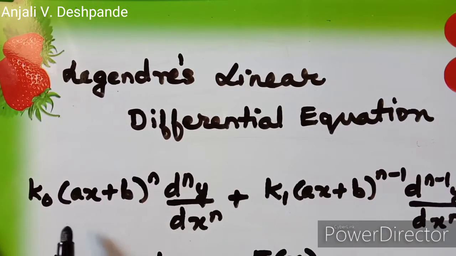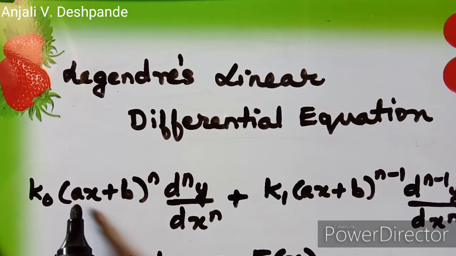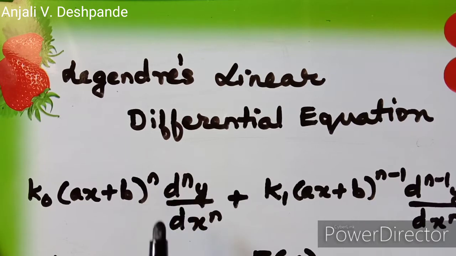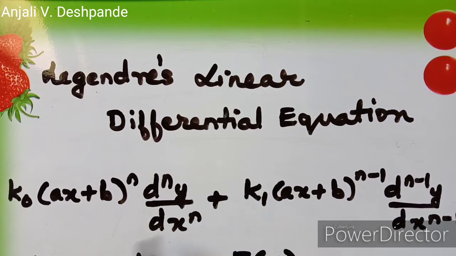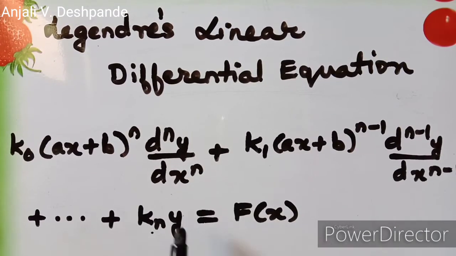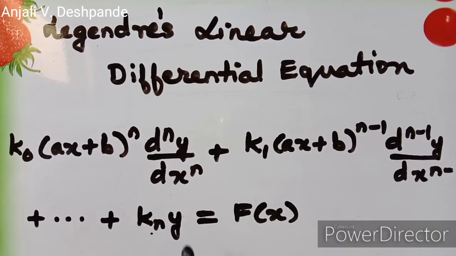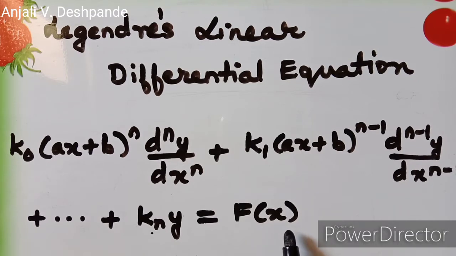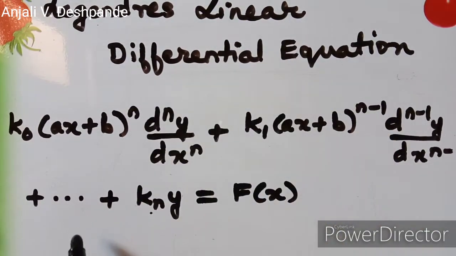The Legendre's linear differential equation is given in this form: k naught into (ax plus b) raised to n, d^n y by dx^n, plus and so on up to kn y, is equal to f of x, where of course k naught, k1, kn, all these are constants. This f of x is of course a function of x. Now we are going to see how we have to solve this Legendre's linear differential equation.